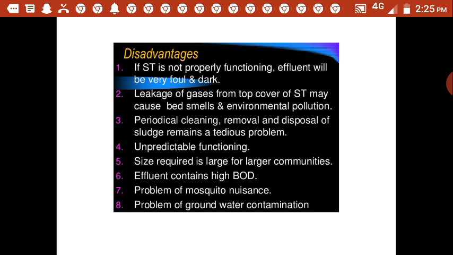And one very important problem is the residual pharmaceuticals. These residual pharmaceuticals are getting into the sewage frequently. They are very dangerous for the bacteria.